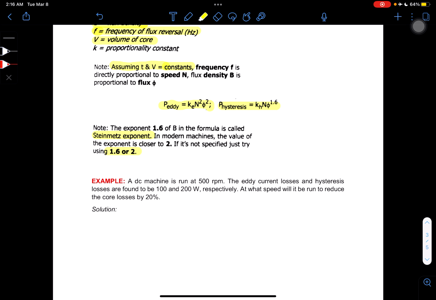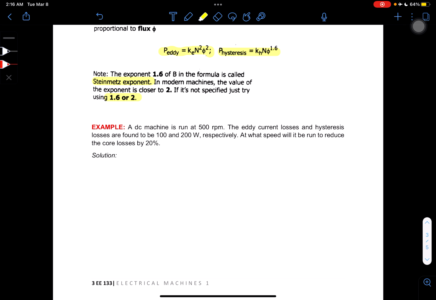So let's have an example for this problem. A DC machine is run at 500 RPM. The eddy current losses and hysteresis losses are found to be 100 and 200 watts respectively. At what speed will it be run to reduce the core losses by 20%?